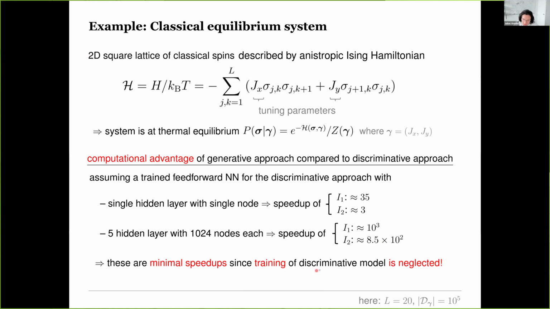So the training time itself is neglected. We neglect the fact that we have this iterative process, but we just assume that we have a trained neural network. Because the generative approach utilizes the generative model, which we already have at hand. So any training that we have to do is just overhead for the discriminative approach and makes it even worse.